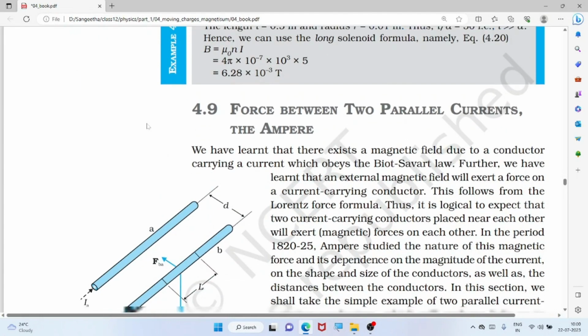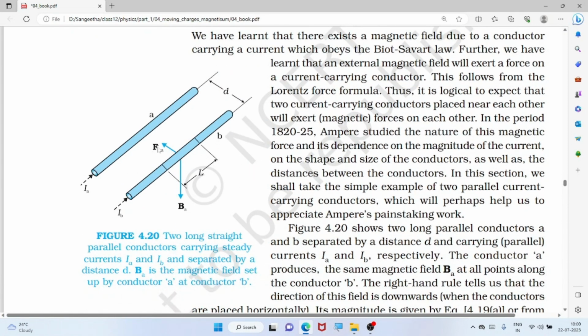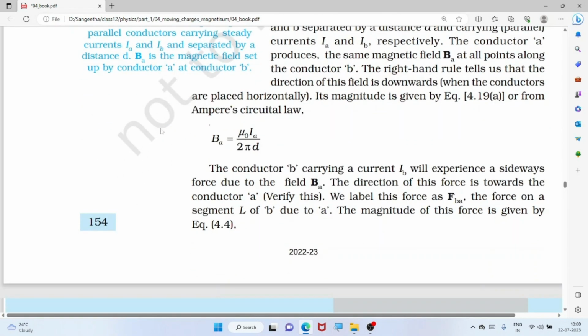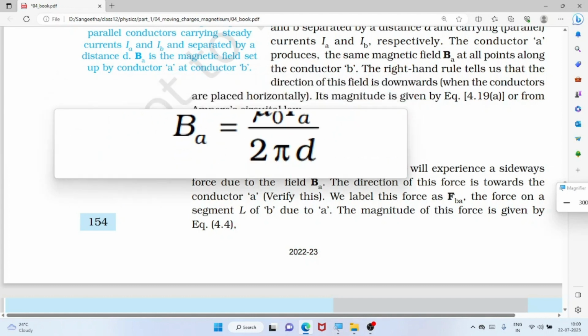Force between two parallel conductors. So we have two parallel current carrying conductors. This is the magnetic field.